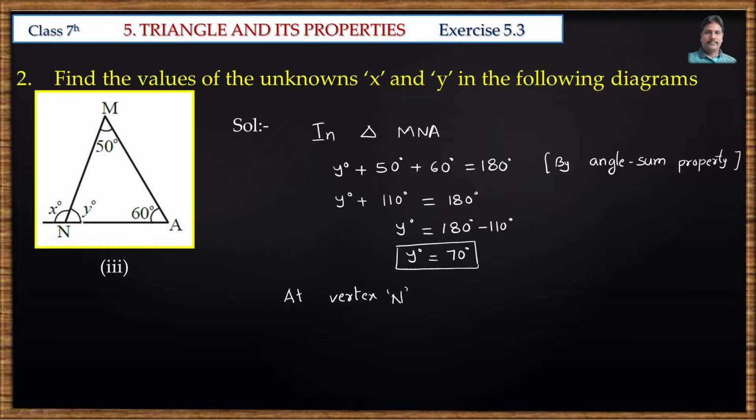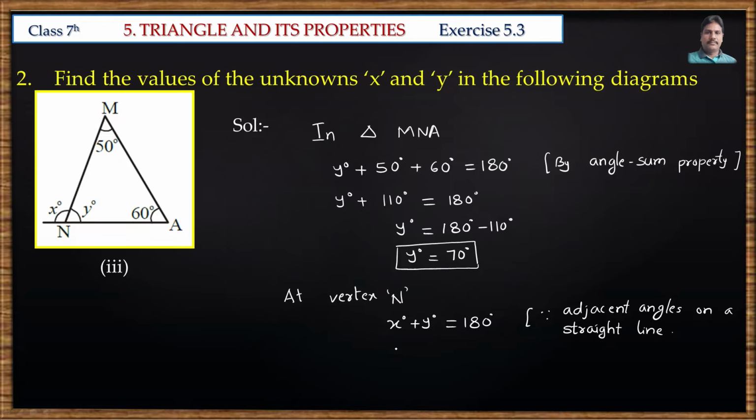That means the sum of the two angles will become 180 degrees. x degrees plus y degrees is equal to 180 degrees, since they are adjacent angles on a straight line. Adjacent angles on a straight line are supplementary.